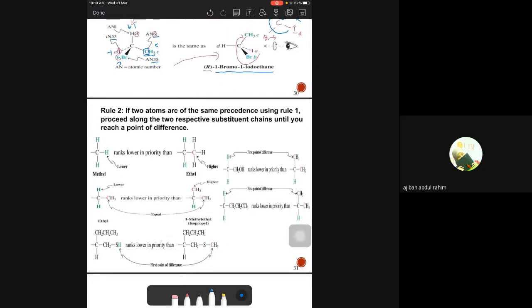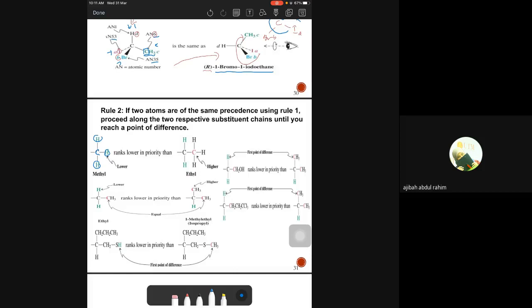Now, rule number 2. If two atoms are of the same precedence using rule number 1, then you proceed along the two respective substituent chains until you reach a point of difference. What it means is, for example, we have here carbon with hydrogen, hydrogen, hydrogen, all the same.